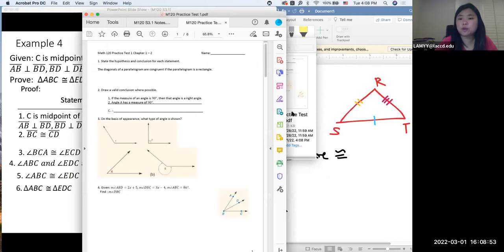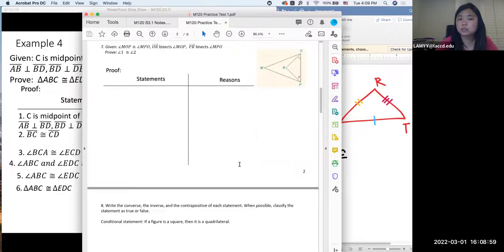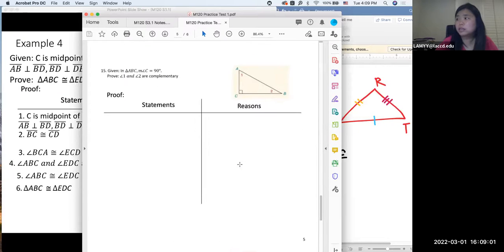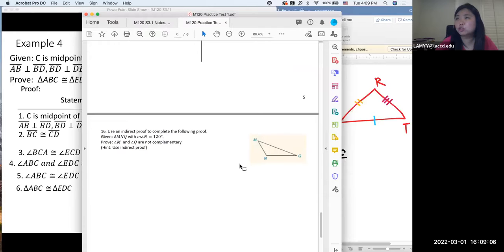You will find the practice test in Canvas. Try it: print it out and do it by yourself. It's six pages. Try your best. I will post the solution by the end of this weekend, but I want you to try it before you look at the solutions. If you have any questions, you can ask me on Thursday.